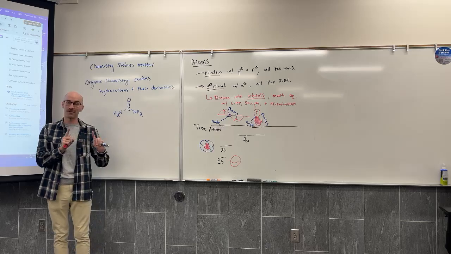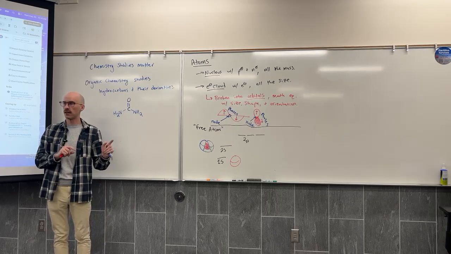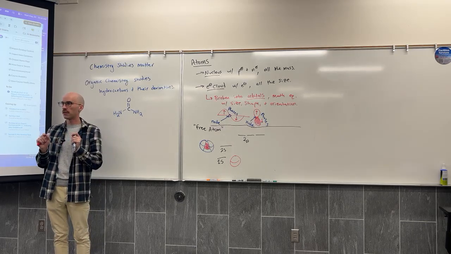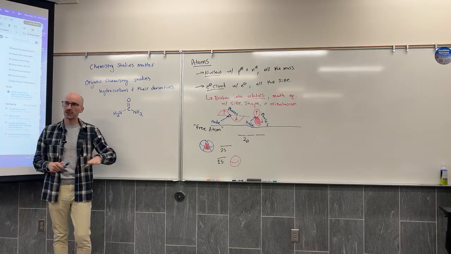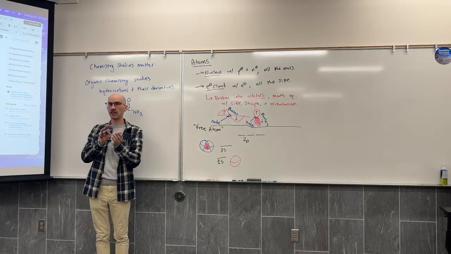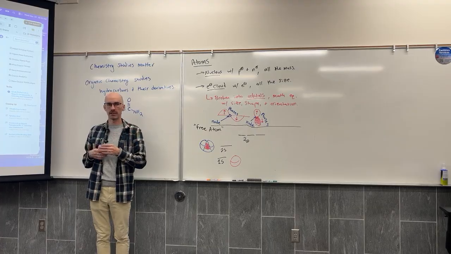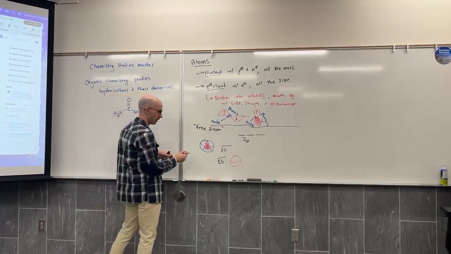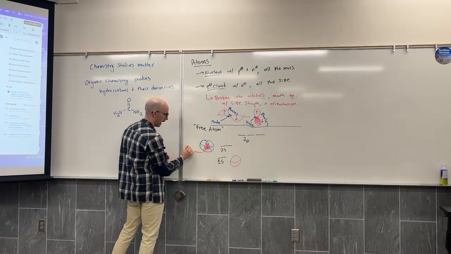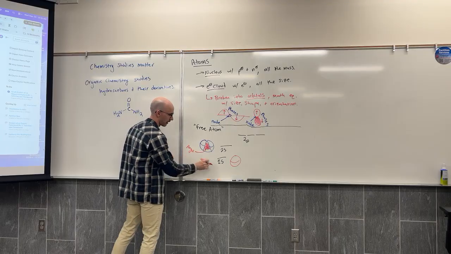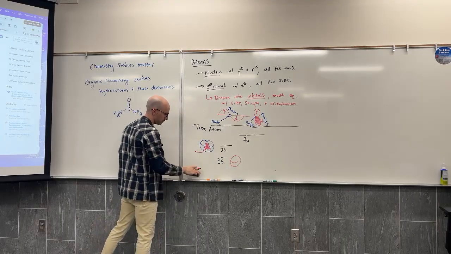And notice that the phasing changes, because at a node, the phase changes. So the inner sphere is going up or going down, and the outer sphere is the opposite. That's called an angular node. I'm sorry, a spherical node.